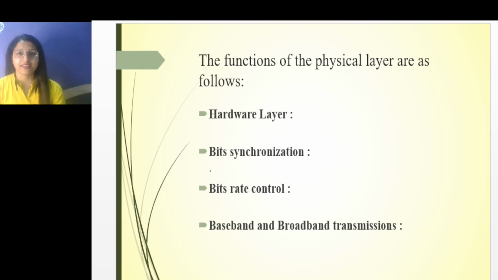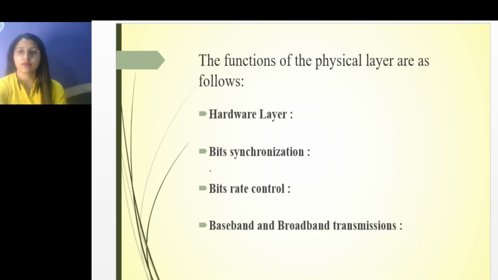What is bit synchronization? Bit synchronization means sender and receiver synchronize at the bit level, so that they are able to pass the information. There are some kind of clock controls which deal with the sending and receiving of the bits.